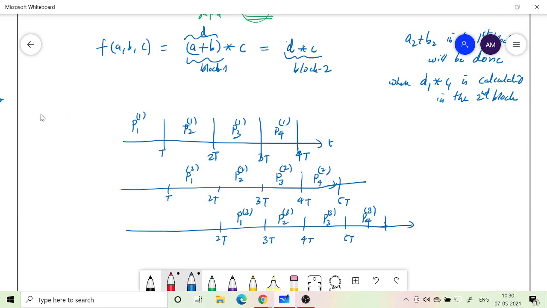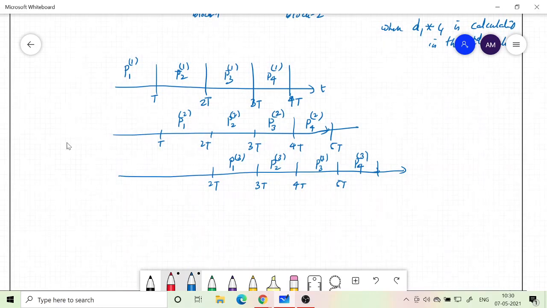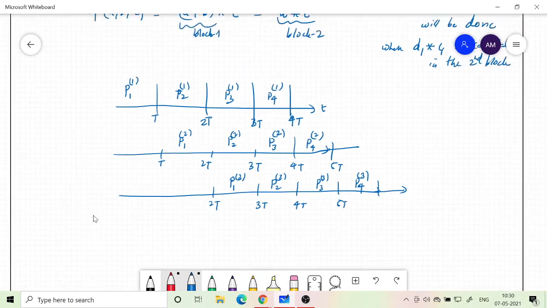So this way, if you consider a particular time, you can see that different blocks are performing different process steps at the same time.